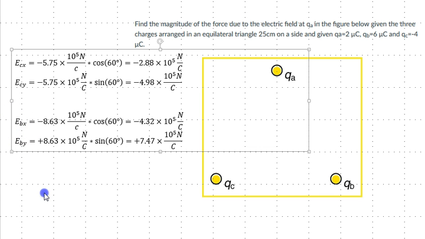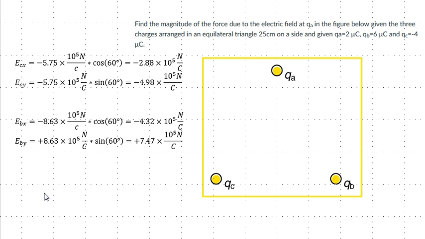Why do we have to get all of this? Because these are vectors, right? And so we can't just add them without taking into account how the components add. You can see here ECX is negative, EBX is negative, so this is going to be minus 2.88 minus 4.32.